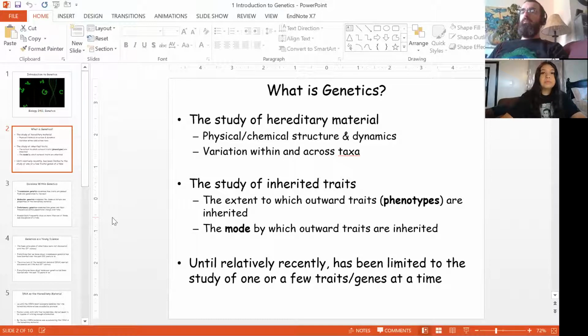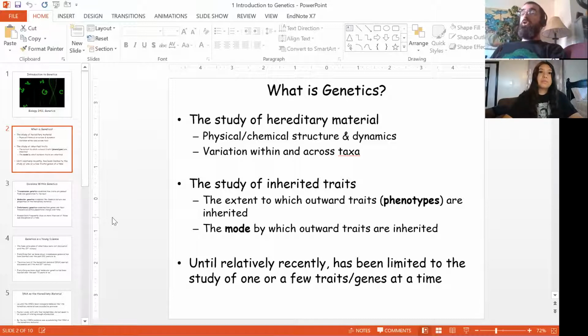What does it mean? So really that's the real core of genetics, that hereditary material being DNA, largely, not entirely, but almost entirely DNA, and genes and regulatory structures and mutation rates, things like that.